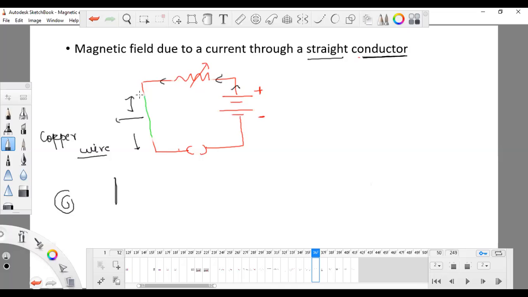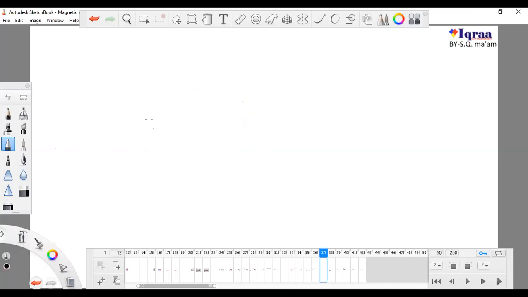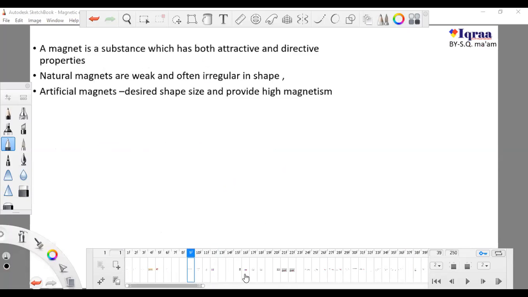Electricity will move like this. So we are going to complete this. Now assume and suppose that these are two conductors. We studied this.